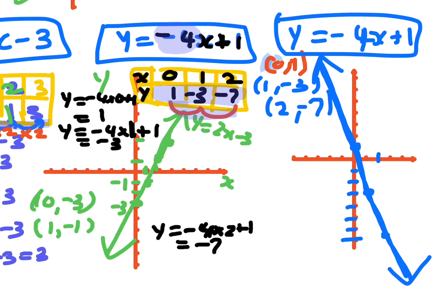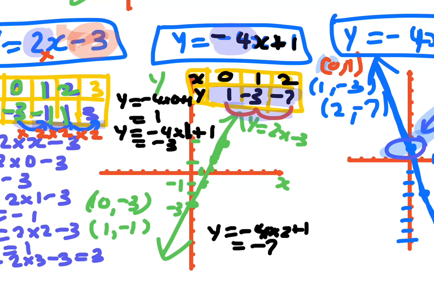In both of these, I also want you to notice where they cut the axis. This one cuts it at 1, and on this side here, the number at the end is a 1. That's where it cuts the axis. If you look at the other graph, the number at the end was minus 3, and the graph also cut it at minus 3.